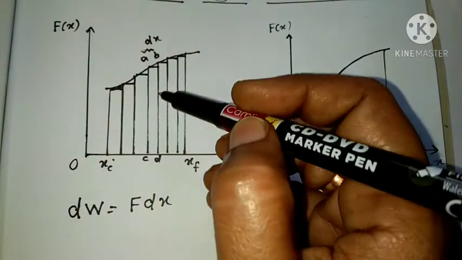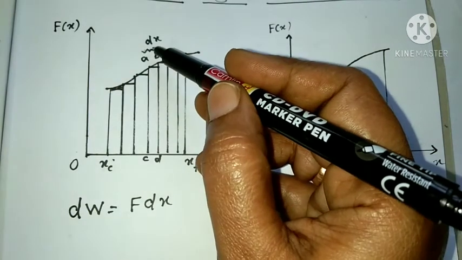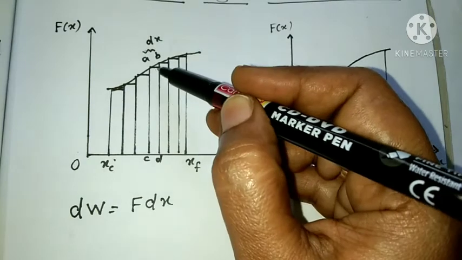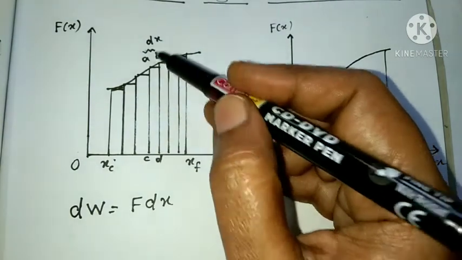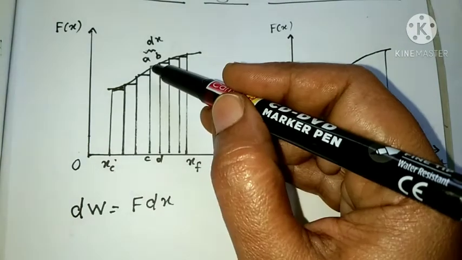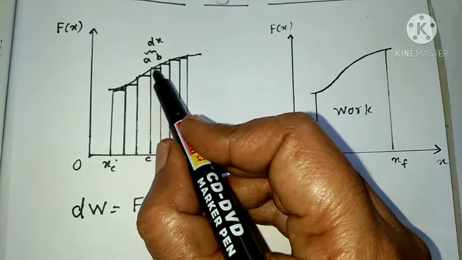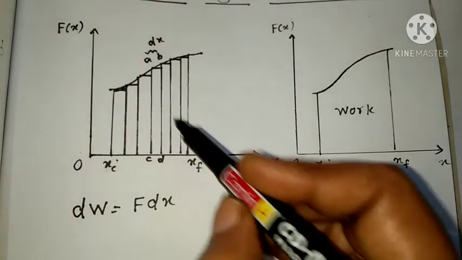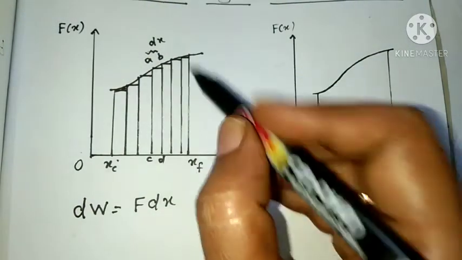We are considering this dx in the form of a rectangle, ABCD. F is the length of this rectangle and dx is the breadth. Length into breadth is the area of this rectangle.